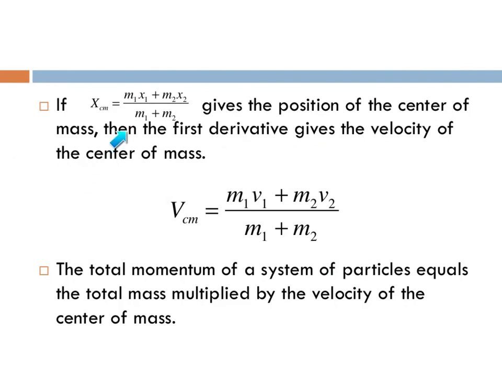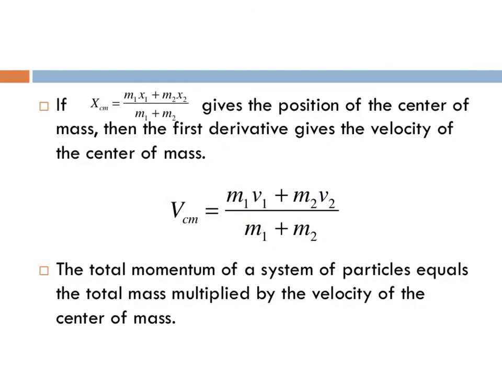If this function gives the position of the center of mass, then the first derivative gives the velocity of the center of mass. So the velocity of the center of mass would be my mass 1 times my velocity of that mass, plus mass 2 times the velocity of that mass, all divided by the total mass. This is also true for the total momentum of a system of particles.